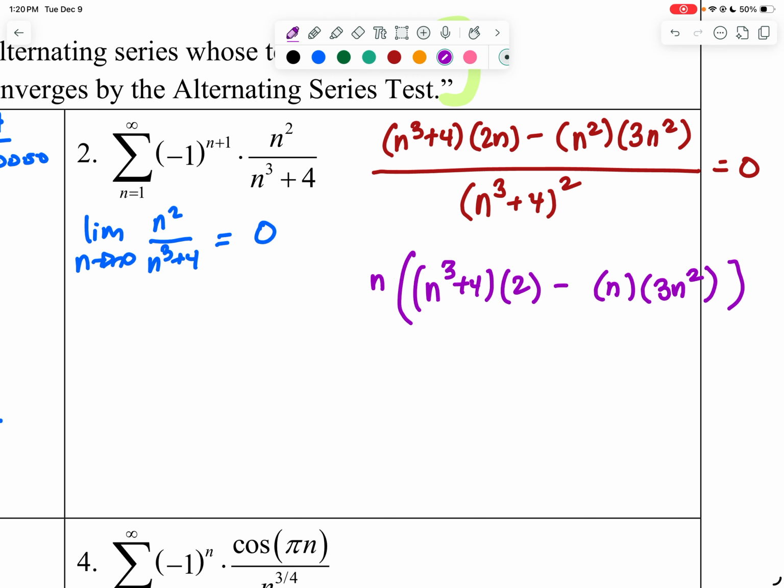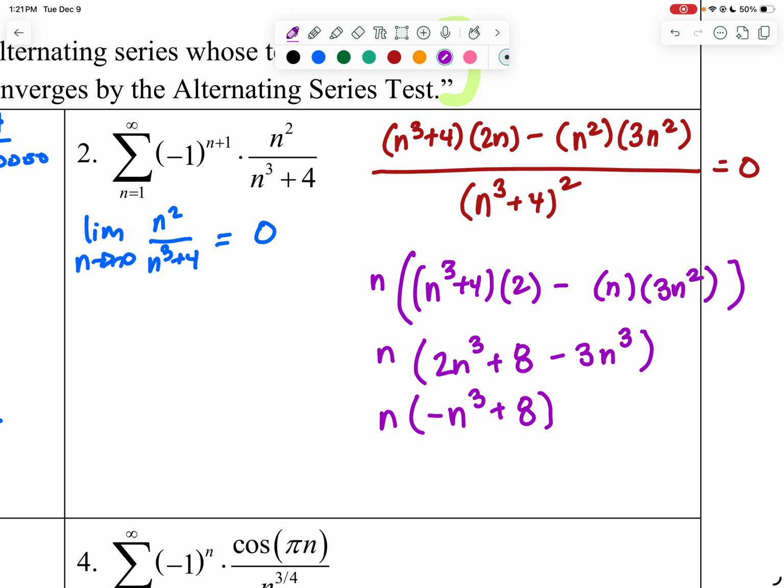And then I am going to simplify. 2n cubed plus 8 minus 3n cubed. That's going to give me n times negative n cubed plus 8. So then you could see that our two critical numbers are going to be 0 and 2.